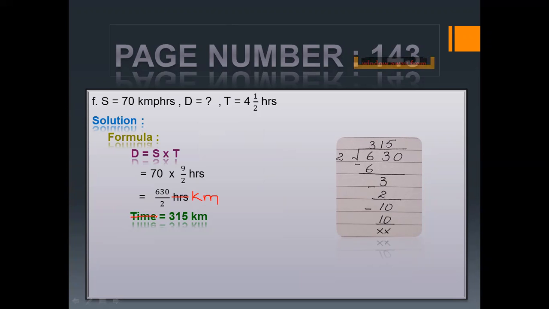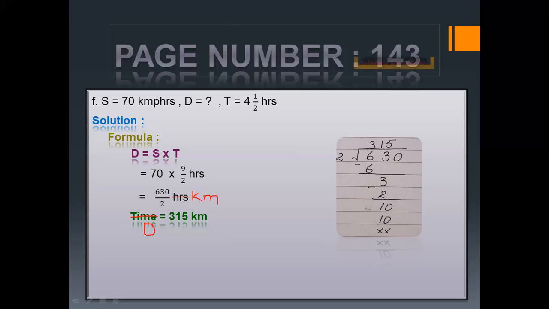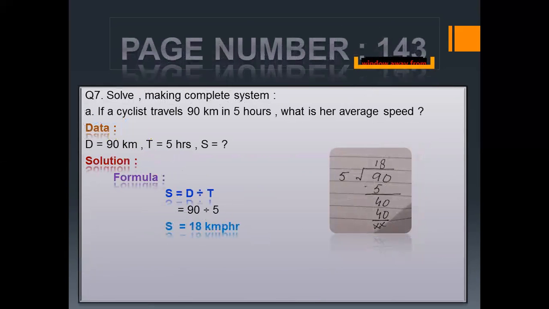When we calculate them, 630 over 2. Divide 630 by 2. 315 kilometer will be the required distance. 315 kilometer is the required distance. I did rough work for you.